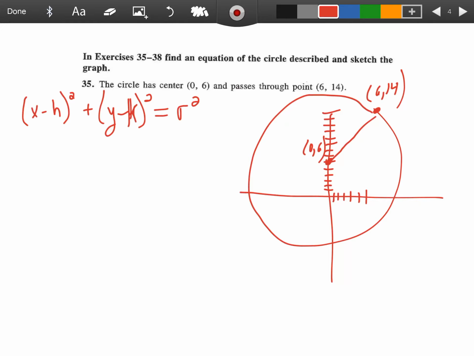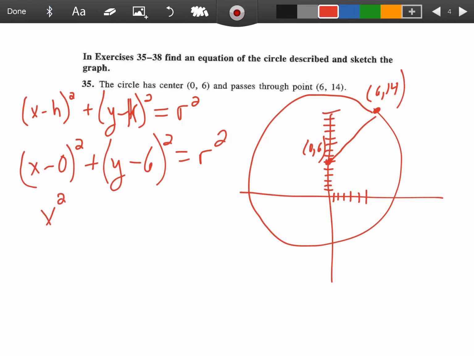Well, let's just start by plugging in h comma k. That's x minus 0 squared plus y minus 6 squared is equal to my radius squared. Well, x minus 0 is just x, so I could just write that as x squared plus y minus 6 squared is equal to r squared.